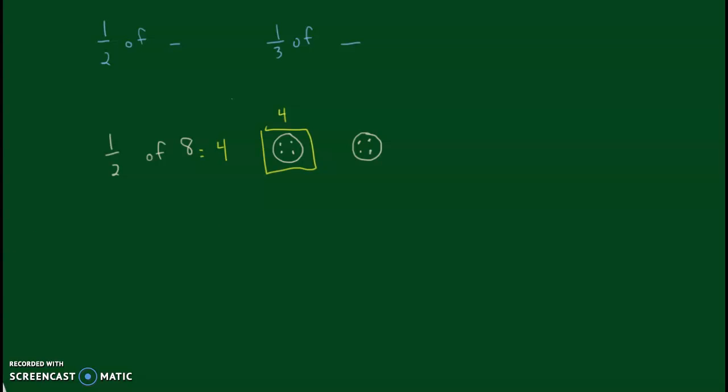For another example, we could do 1/5 of 15. And again, that'd be one part of 5 equal parts, so we need 5 circles for this. And 1, 2, 3, 4, 5.